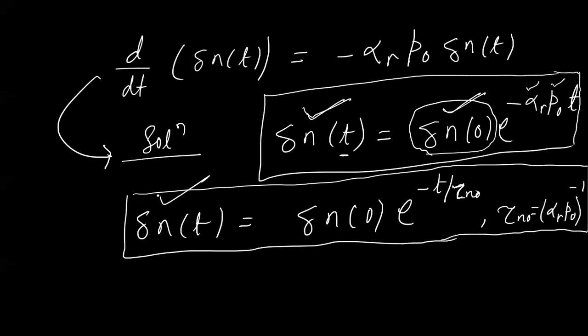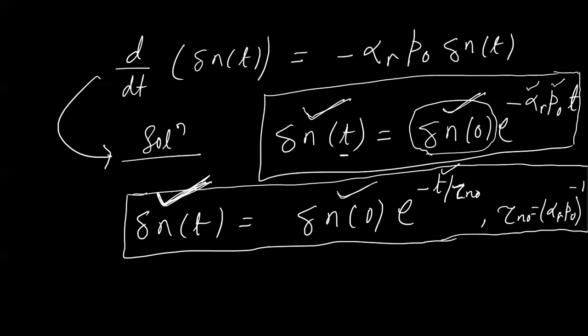Excess means because of the non-equilibrium, or in the form of external excitation, you created this excess amount of electrons in the p region. So these excess carriers will decay with time. You can see the time factor here, and some initial concentration, then it will decay exponentially. So this is the equation that we got.